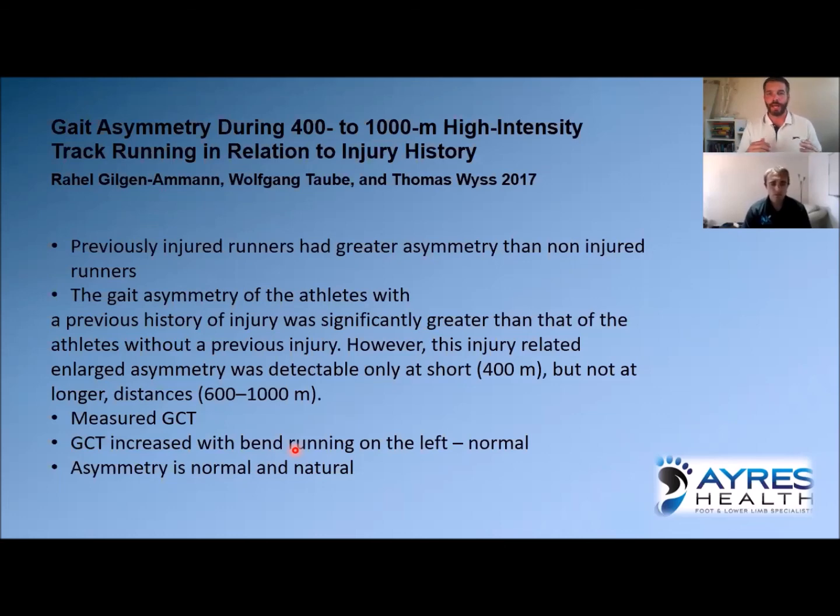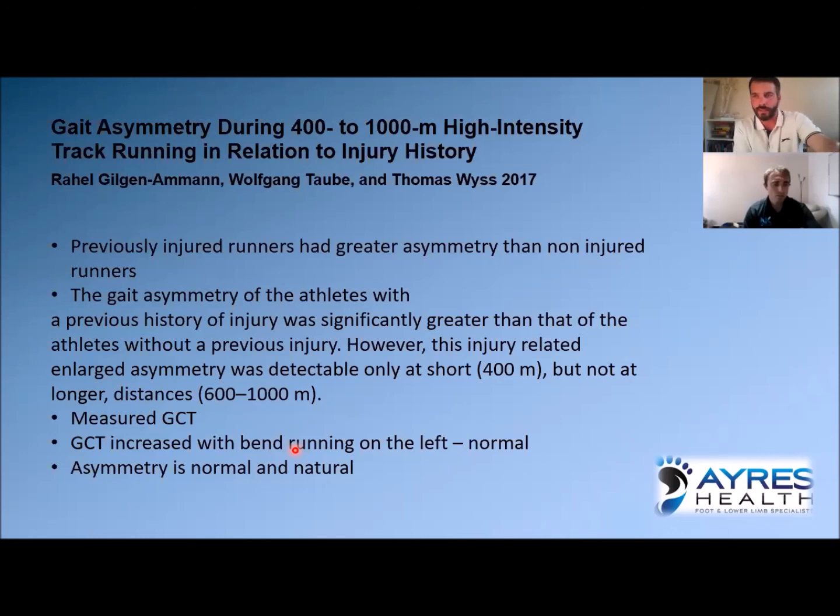They were looking at previously injured runners and non-injured runners, and measuring the gait asymmetry.